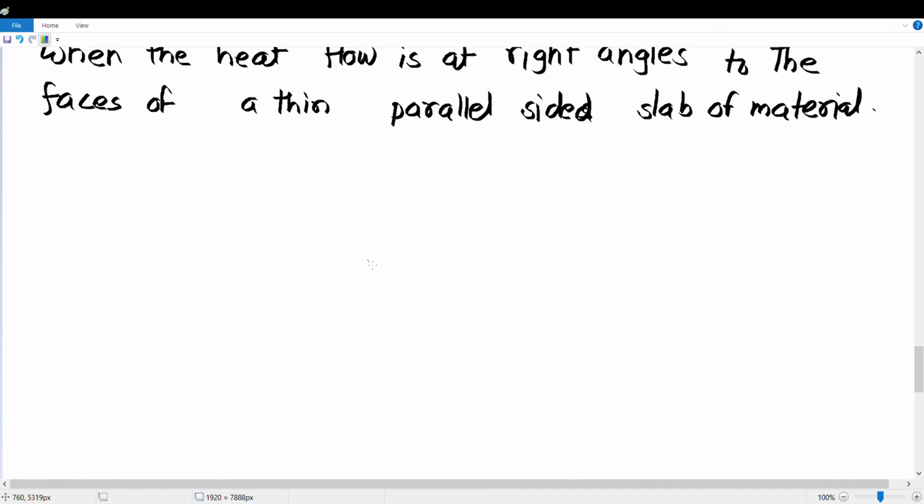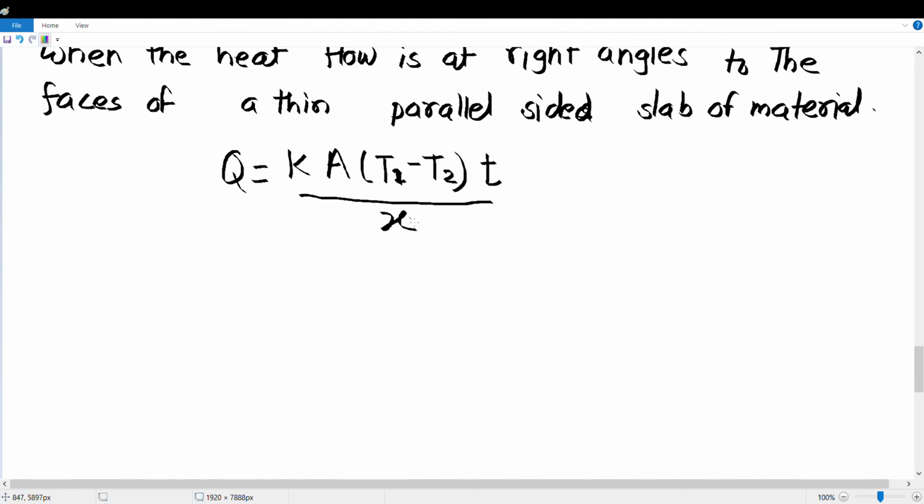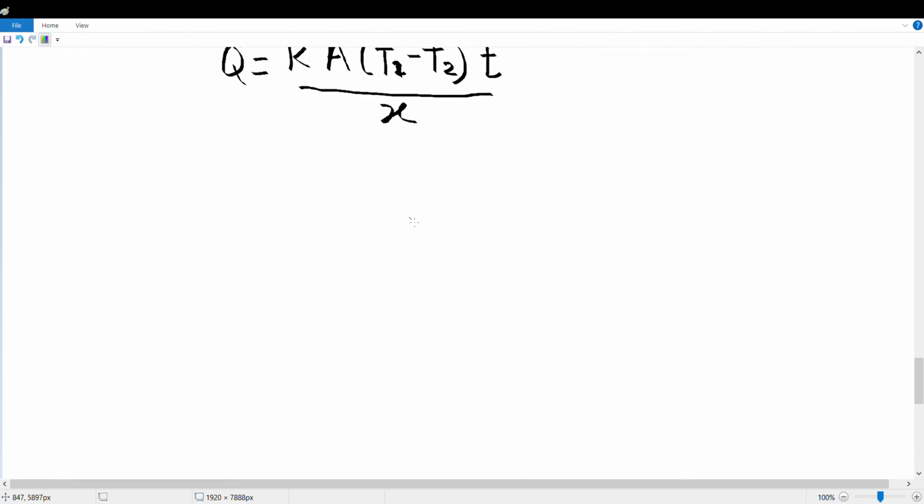We again see the equation for this Q. What is Q? Q is equal to K times A into T1 minus T2 into t divided by X. And lastly, let us see the thermal resistance.